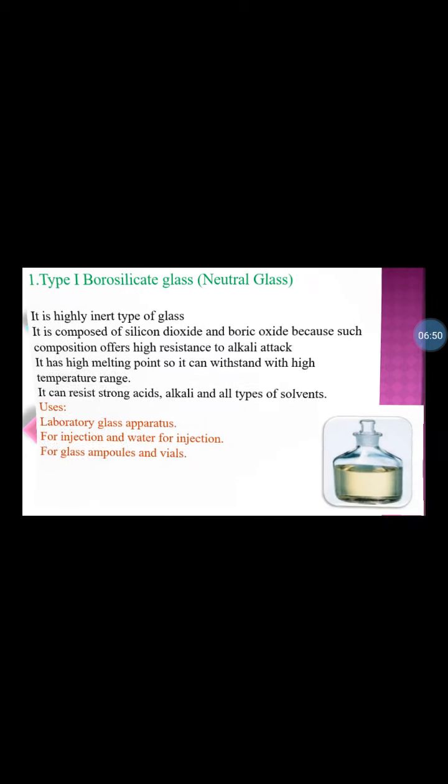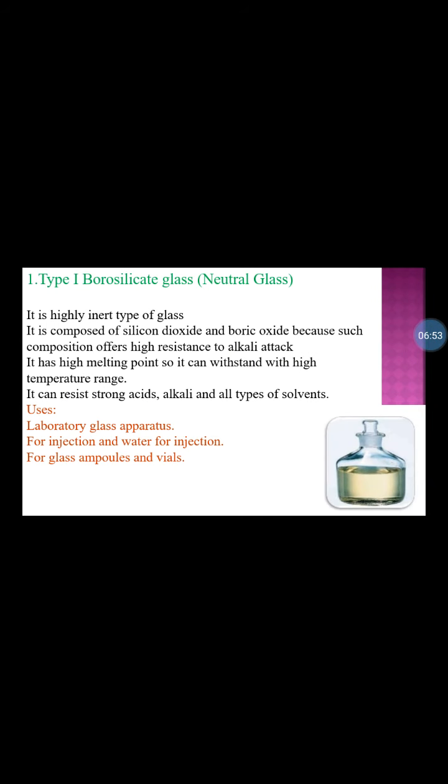First is type I borosilicate glass, which is also called neutral glass. It is a highly inert type of glass. It is composed of silicon dioxide with boric oxide. Because such composition offers high resistance to alkali attack, it has a high melting point, so it can withstand a high temperature range.